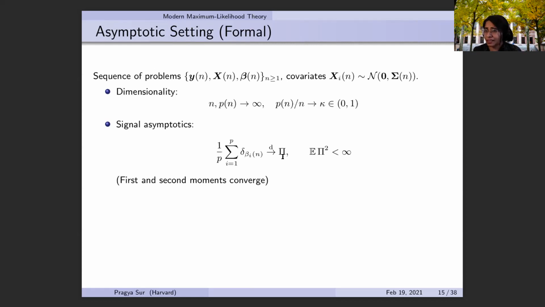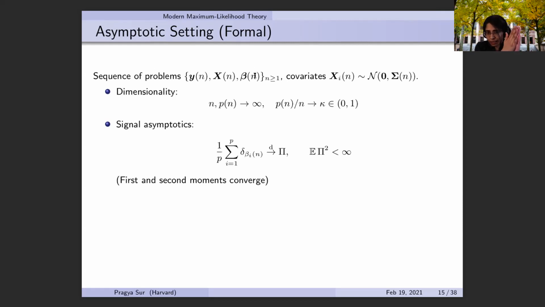Let me spend a little time explaining the regularity condition on the signal vectors. We don't have any sparsity assumption in these cases, and p is less than n, so things are still identifiable. But we do have a regularity condition, which is as follows.